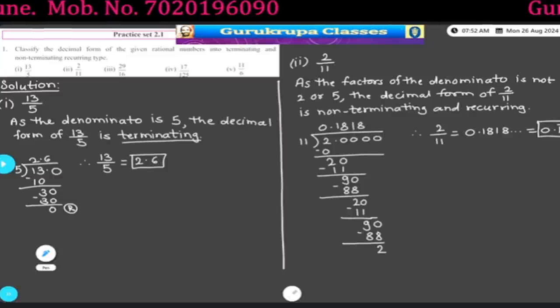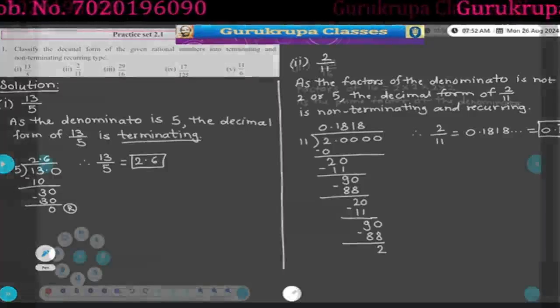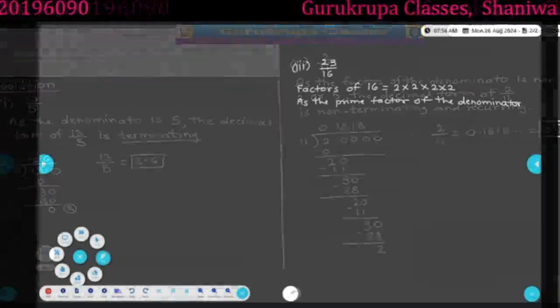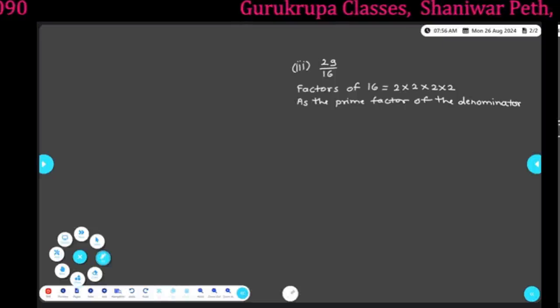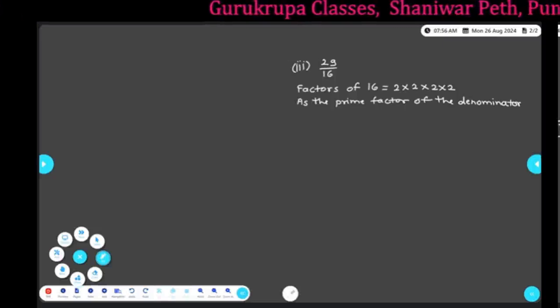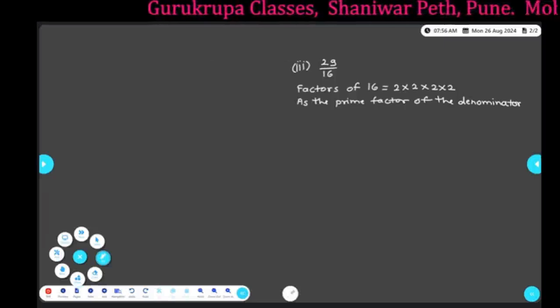Yes, please write down. So in this given sum, the rational number is given to you 29 upon 16. So if you find the factors of 16, 2 into 2 into 2 into 2, 4 times 2, 2 2s are 4, 4 2s are 8, 8 2s are 16. So only 2 is the prime factor.